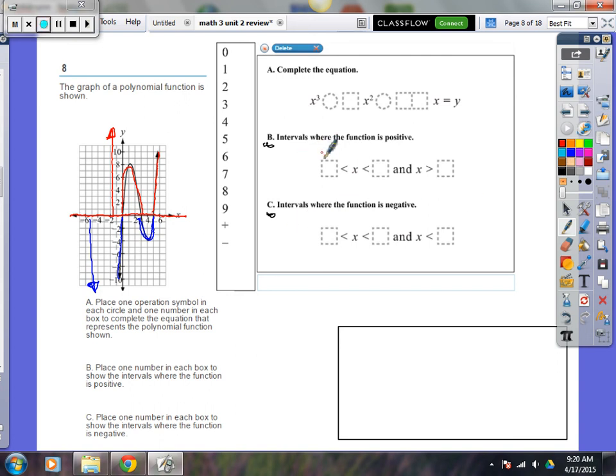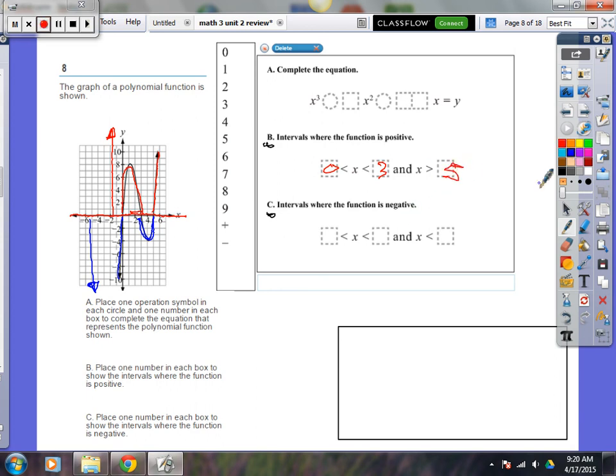So the positive parts, x looks like it's between 0 and 3. So when x is bigger than 0, anywhere this way, or less than 3, it's positive. And then anytime x is greater than 5, it's positive.